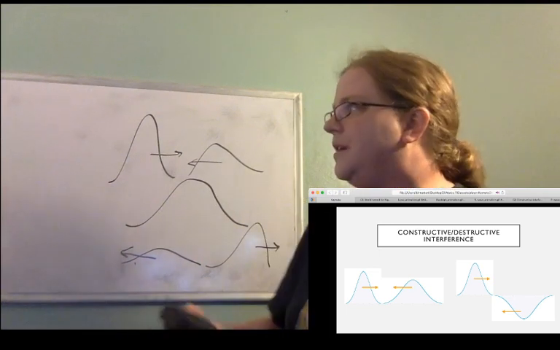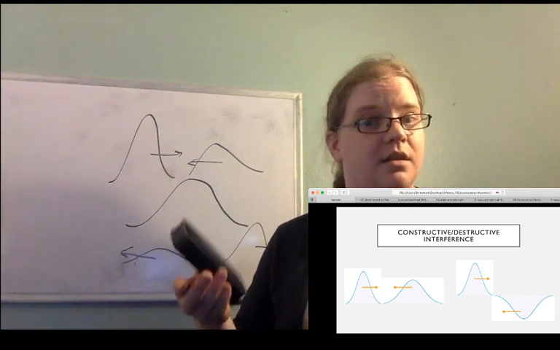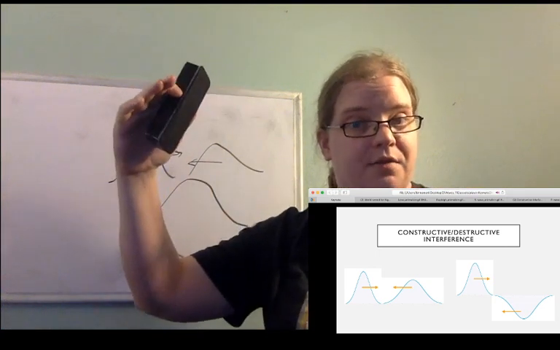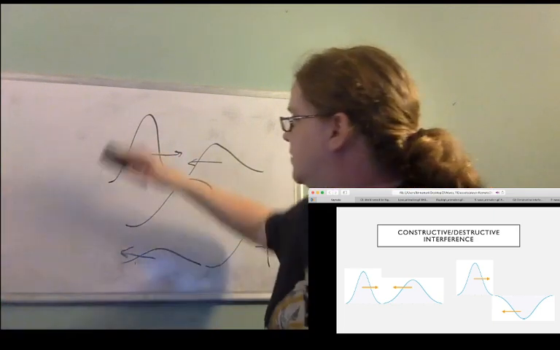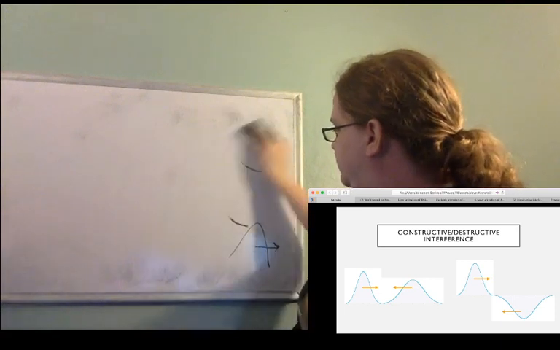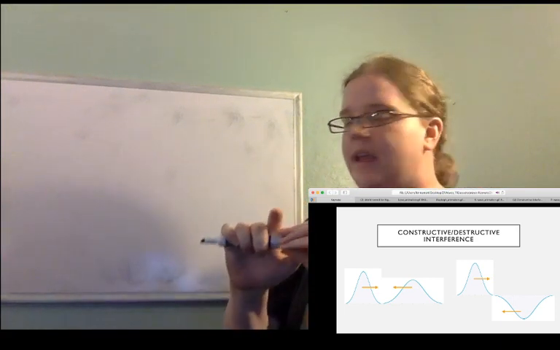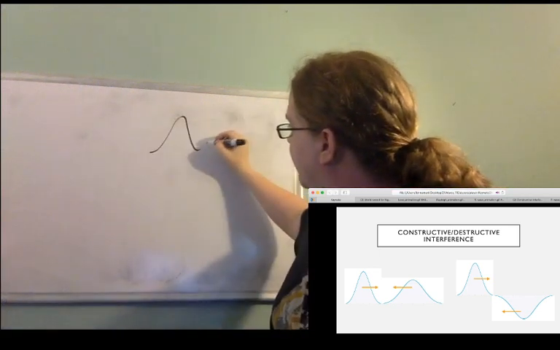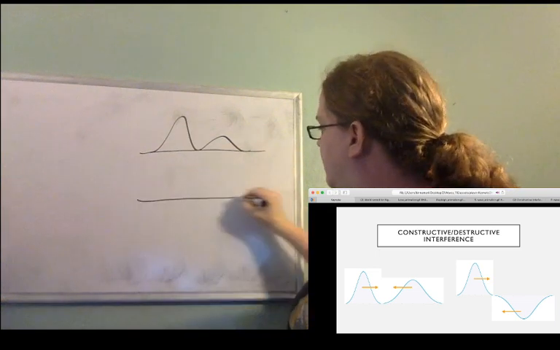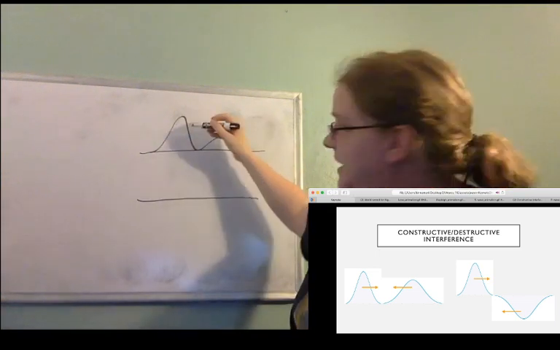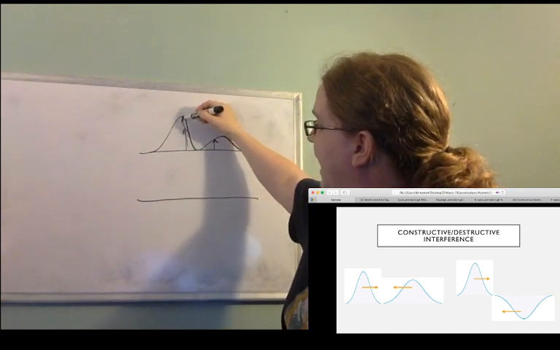And interference can happen in one of two ways. They can do it constructively, where you get something bigger than originally, or it could even be destructive, where you get something smaller. So let's see how that happens. If I have my two peaks here that are combining, and they're both positive, then the displacements will add.